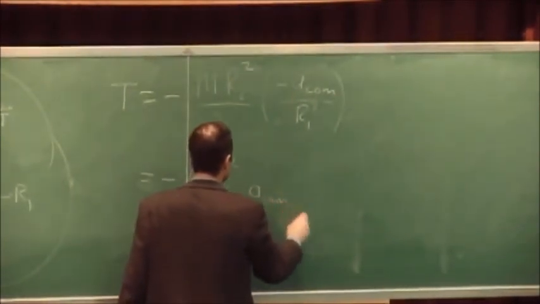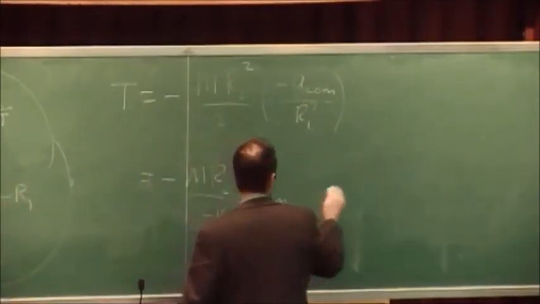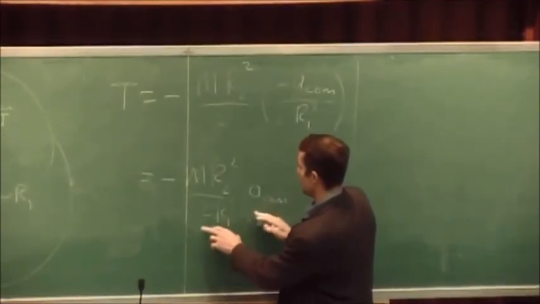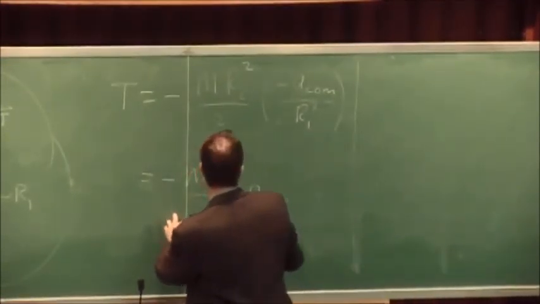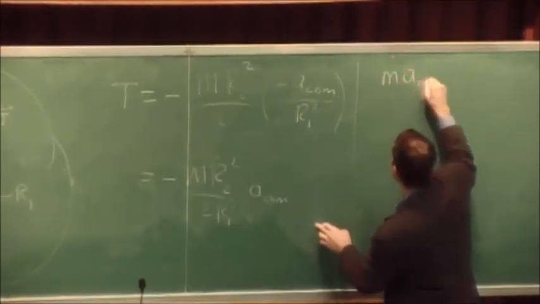a center of mass. Now this is a very nice result, because what you can see, well, let's finish solving this out, and then hopefully that will become clearer. Then we see that this gives us m, a center of mass.